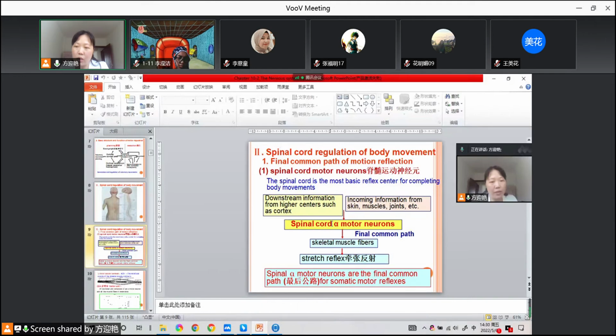So here is a concept I hope you know: the final common path. The final common path means the spinal cord alpha motor neuron.